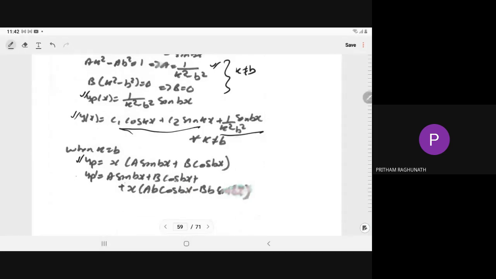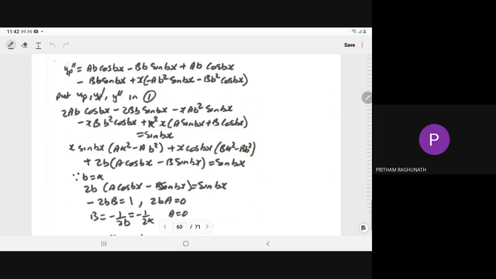So here we compute yp dash. So yp dash will be a sin bx plus b cos bx plus x into a b cos bx minus b b sin bx. And we compute yp double dash. So yp double dash will be a b cos bx minus b b sin bx plus a b cos bx minus b b sin bx plus x into minus a b square sin bx minus b b square cos bx.